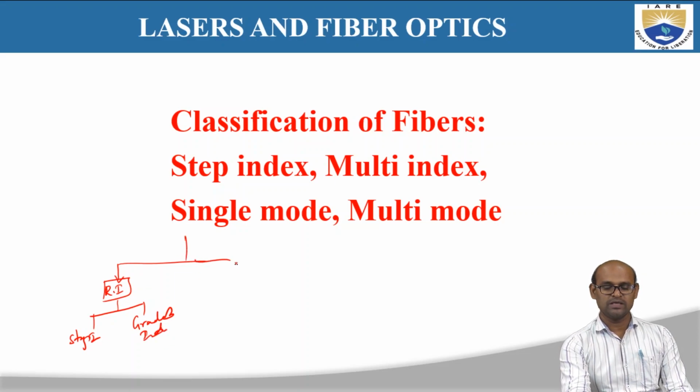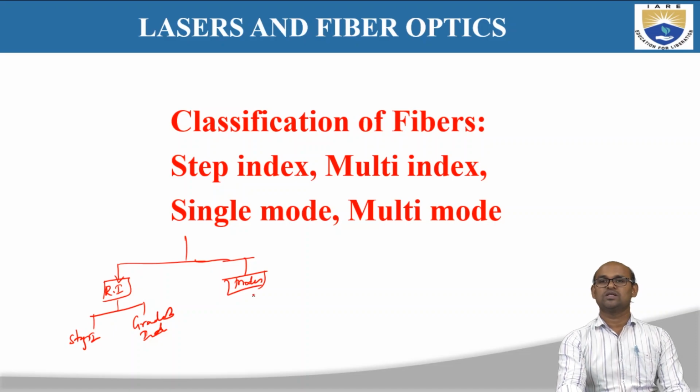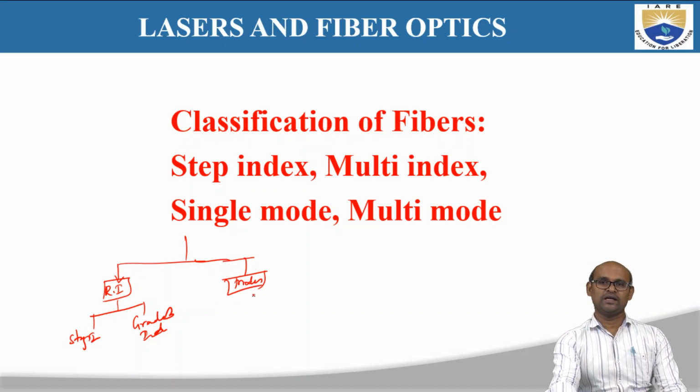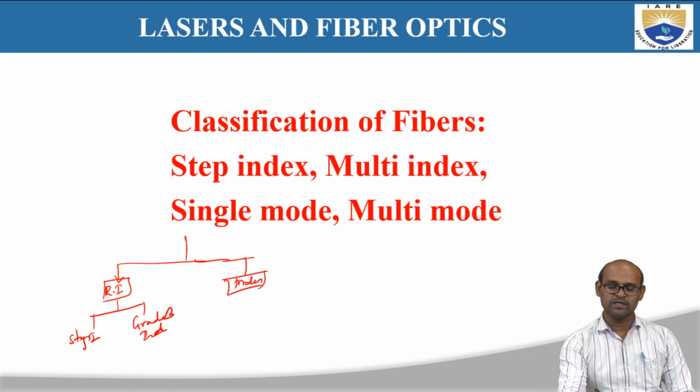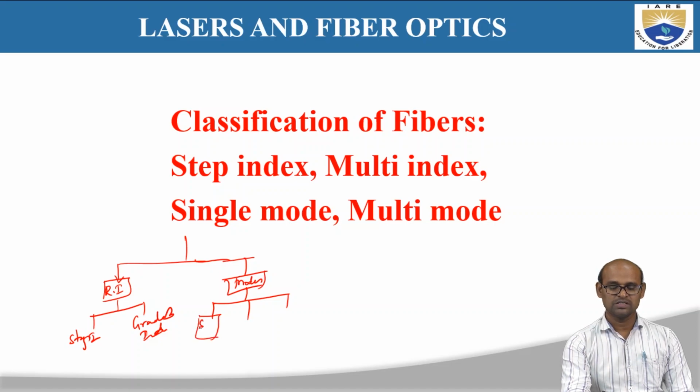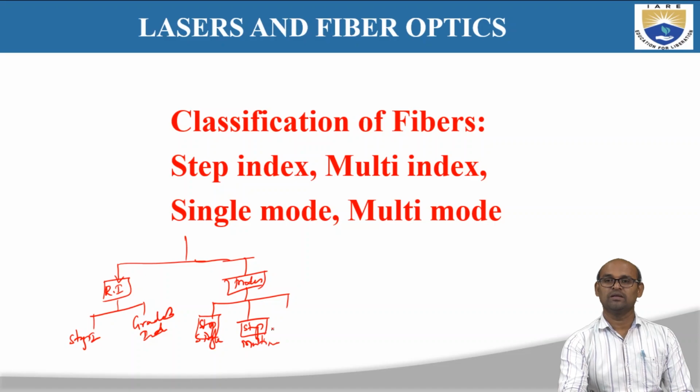Then, based on the modes of propagation, we discussed that a mode is nothing but the allowed path of light where light waves are in phase. Based on the modes of propagation, we have classified the optical fibers into three categories: step index single mode, step index multi-mode, and graded index multi-mode.